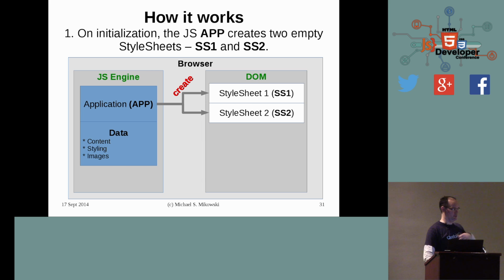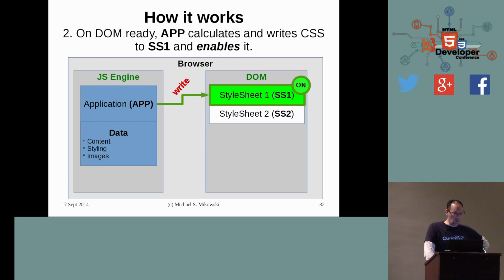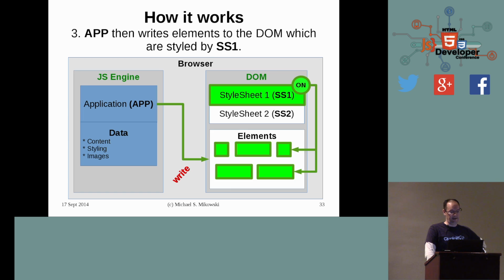I named them that because they remind me of my two first sheep that I owned. When the DOM is ready and it's time to display elements, the application calculates the first style sheet. It looks around at the environment and figures out what that style sheet should be. It then writes to style sheet 1 all the rules, and then it turns it on. It then applies the style to all the elements on the page.